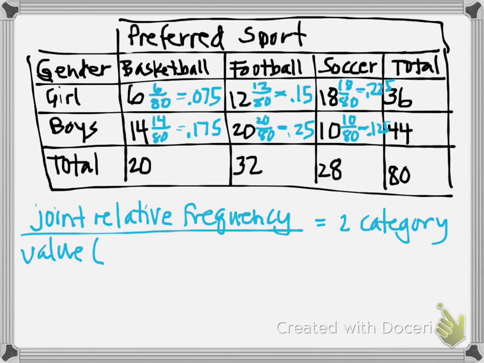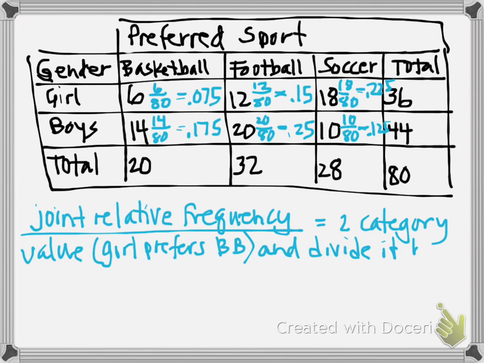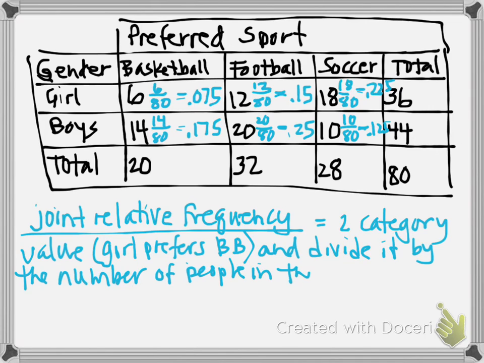So for example, girl prefers basketball, so BB for basketball, and divide it by the number of people in the survey. Joint meaning 2 things together. What we joined together was girl preferring basketball, or boy preferring football. Okay, that's what I mean by joint, 2 of them.